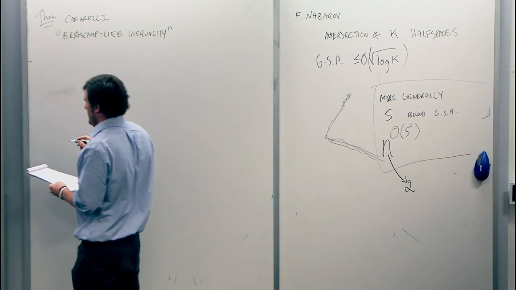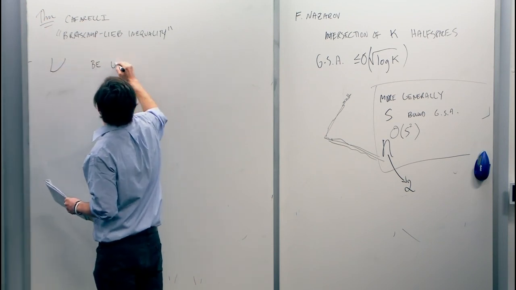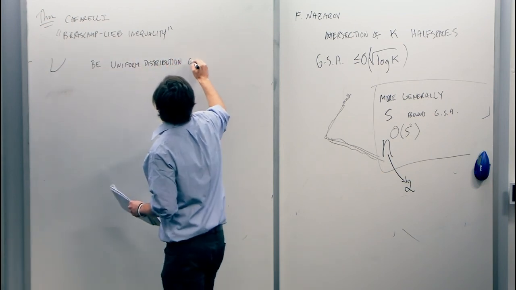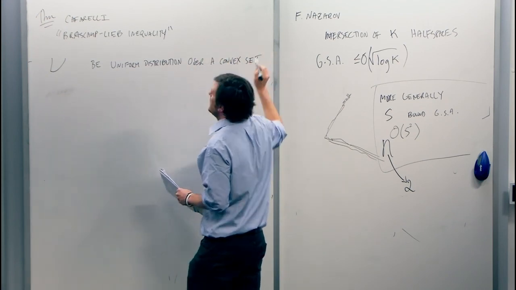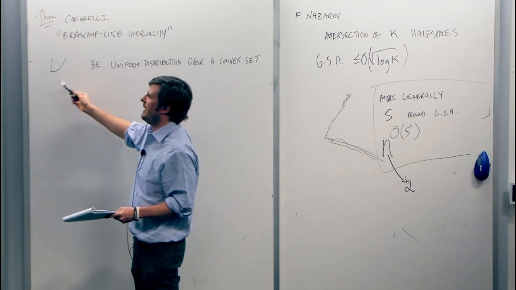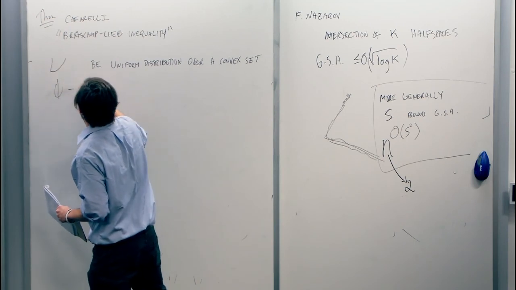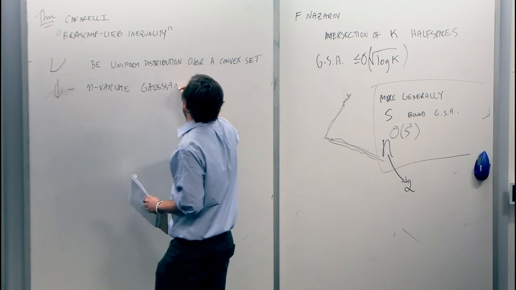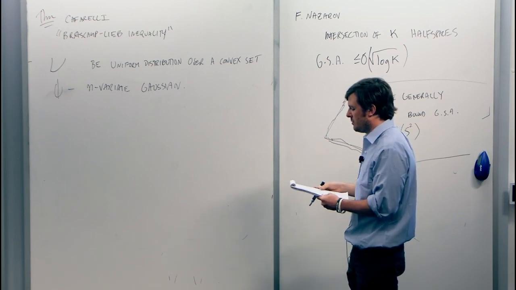I'm going to let nu be the uniform distribution over any convex set. You can think of sampling a bunch of positive examples, and that distribution corresponds to nu. And phi, again, will be the n-variate Gaussian. I'm assuming that everything's centered around the origin, so the mean of all of your distributions here is 0.